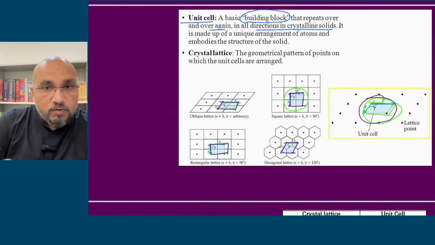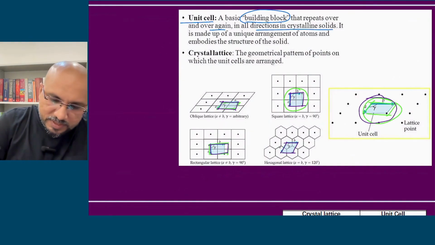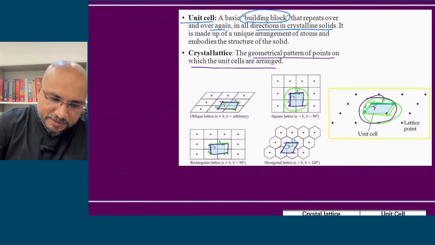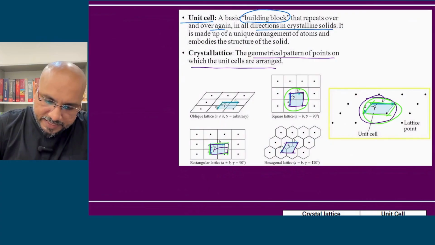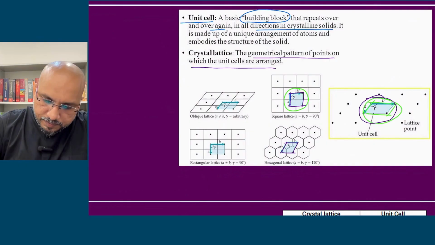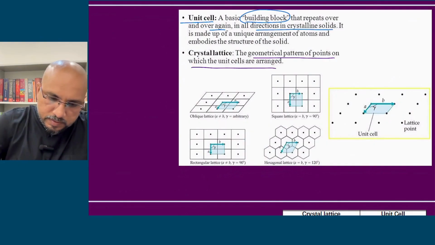This is the basic building block which repeats over and over again in all directions in a crystalline solid. Now, what is a crystal lattice then? A crystal lattice is the geometrical arrangement of points on which unit cells are arranged. In the diagrams you can see these points.